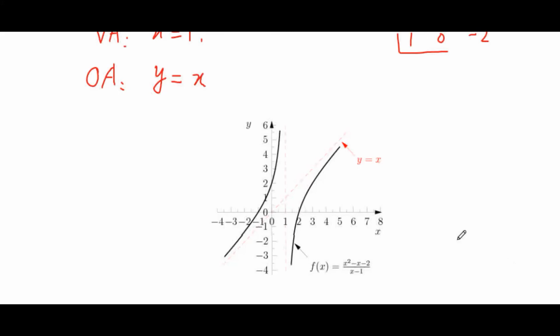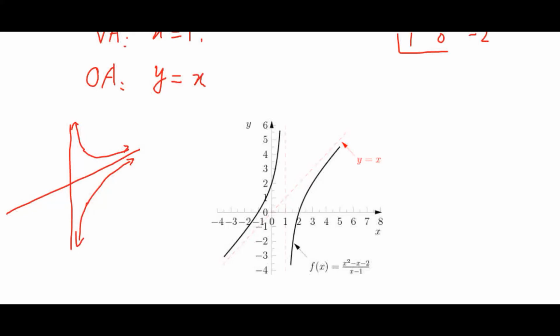So we just draw these asymptotes. Here, this one is x = 1, and this is y = x. Once we have those asymptotes, the graph just approaches them from here, or if the point is here, then it approaches this way.